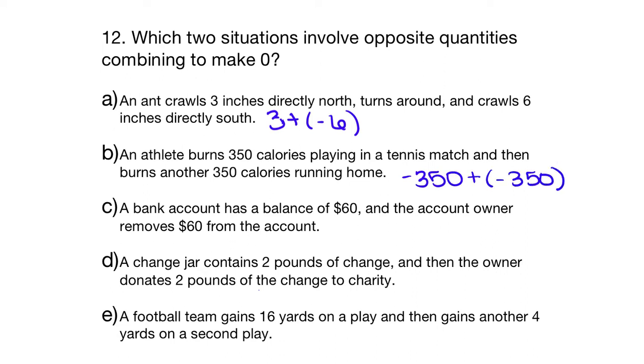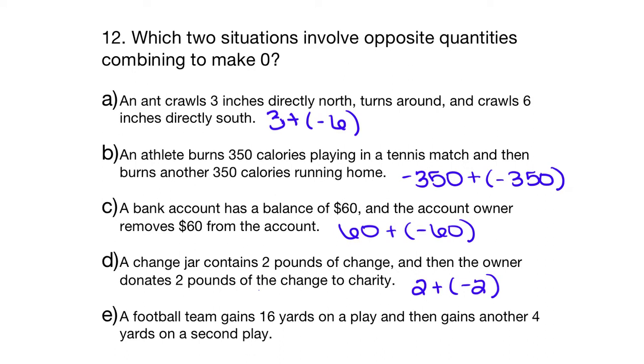All right, what is the addition problem for C? AK. 60 plus negative 60. Very good. All right, D. Will. 2 plus negative 2. And what is the problem for part E?